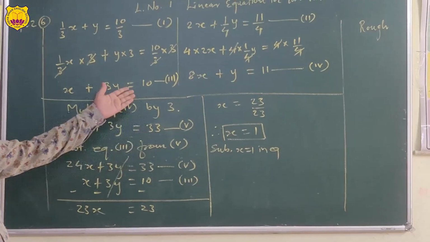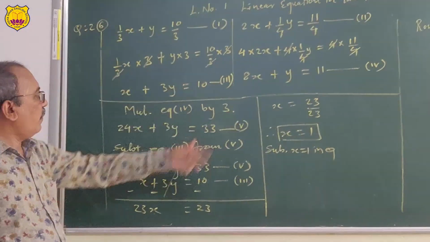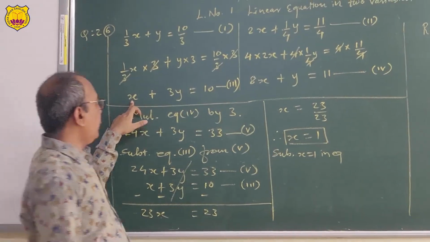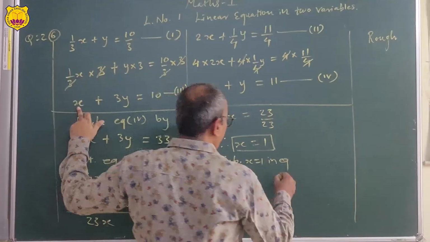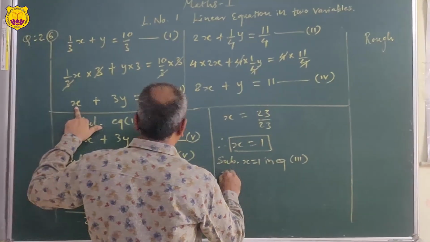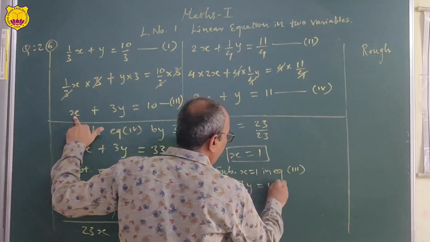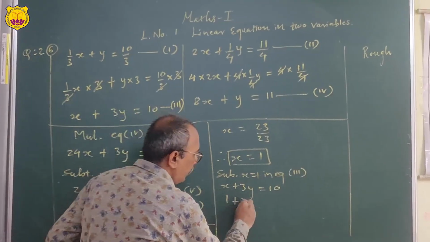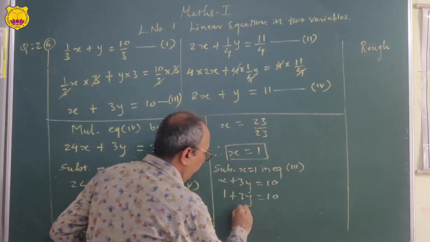Here we got 5 equations, 1, 2, 3, 4, 5. So we are taking this one, as this one is the simpler one, x plus 3y is equal to 10. Now in place of x, what do we put? 1. 1 plus 3y is equal to 10.